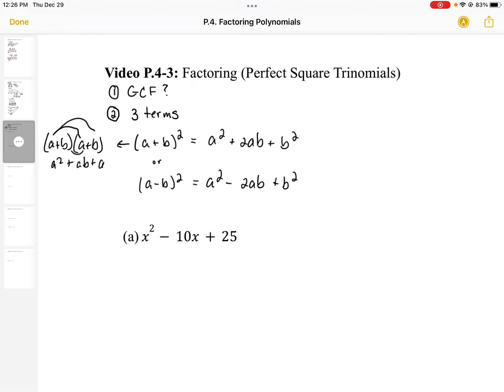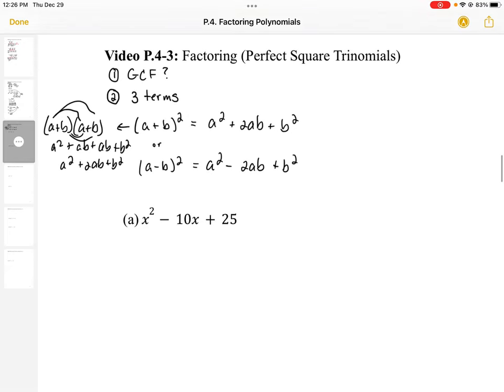Once you distribute it out and combine like terms, it is going to look like what we have over here, a squared plus 2ab plus b squared. And the same thing is true for the difference. So let's take a look at how to factor this.